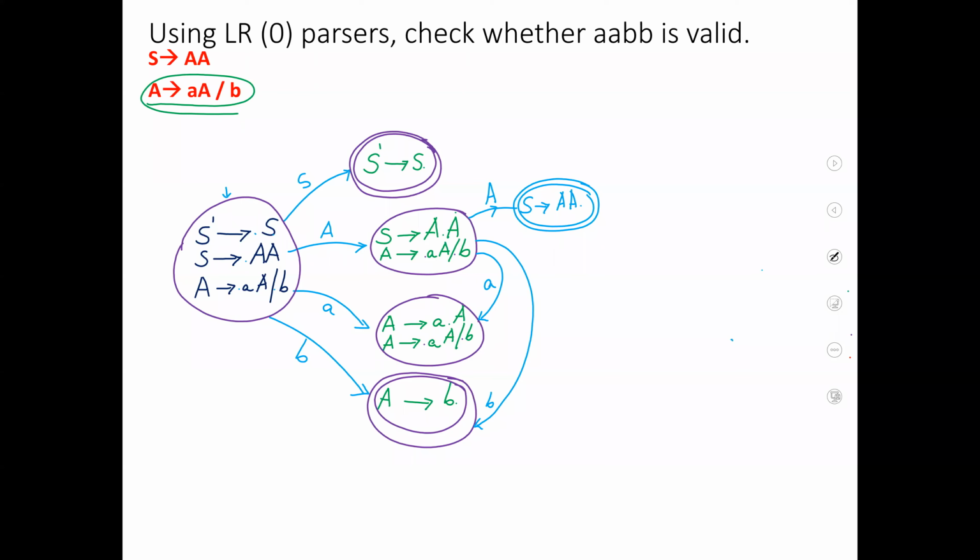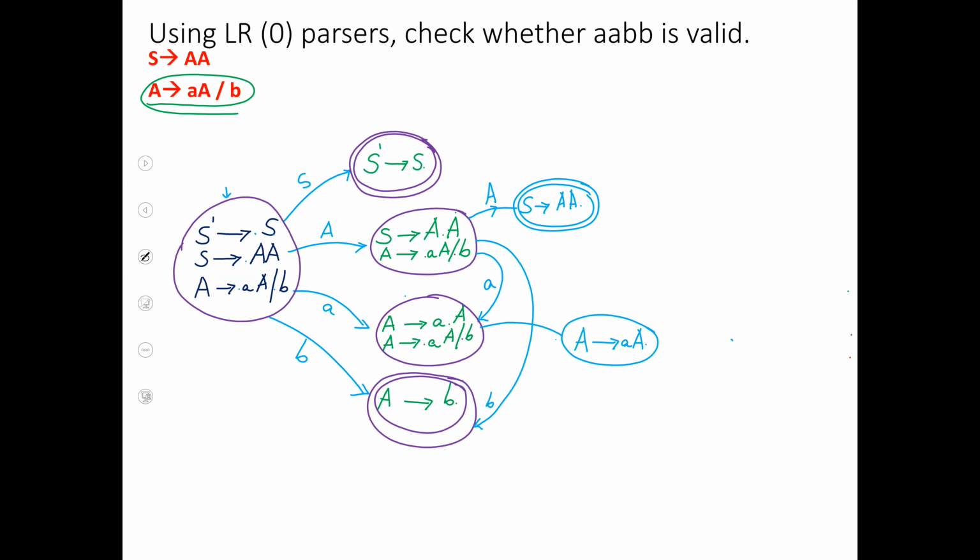We are going into this particular transition. A, small a, dot, capital A. The dot has to travel. The dot encounters A. Now, when the dot encounters A, you will be getting a stage like A dot.